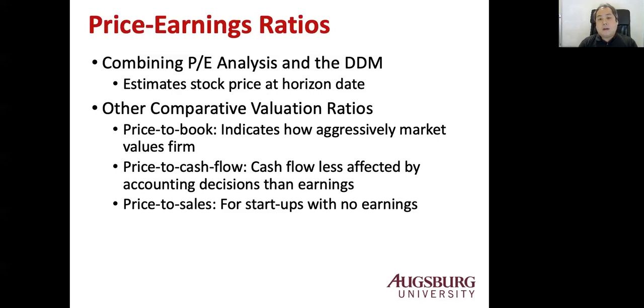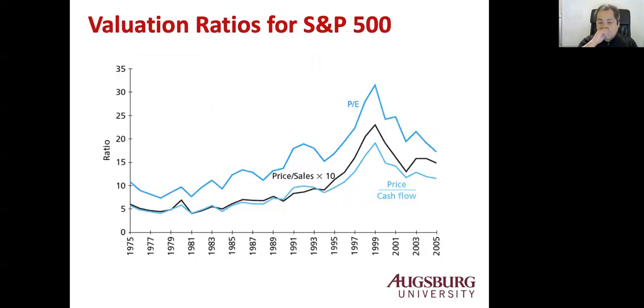So the idea here is we need to compare with the performance. Probably the best one is the price to earnings ratio, and the next one is the price to sales ratio. But the ratios themselves are quite related. The PE ratio, the price to sales ratio times 10, and the price to cash flow ratio are quite related. They move together.